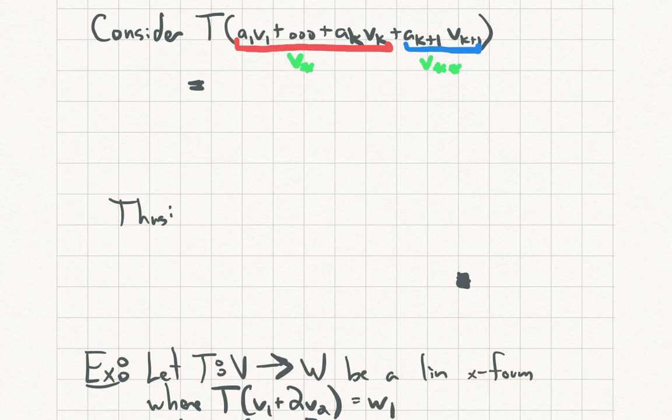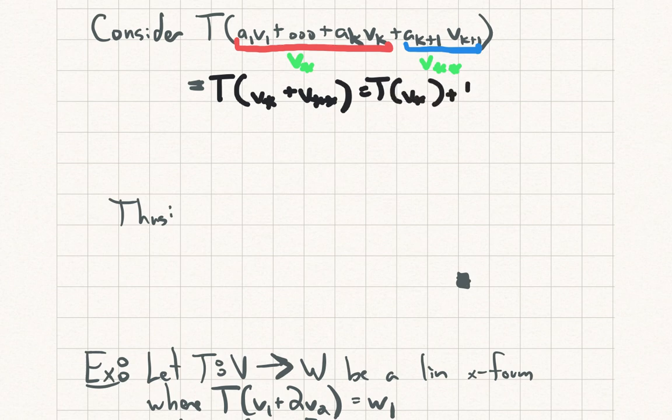So I can write T of V star plus V double star as T of V star plus T of V double star. And that's just by the linearity of the transformation. Remember, with linear transformations, we can transform either before or after we add the vectors, and we get the same thing.